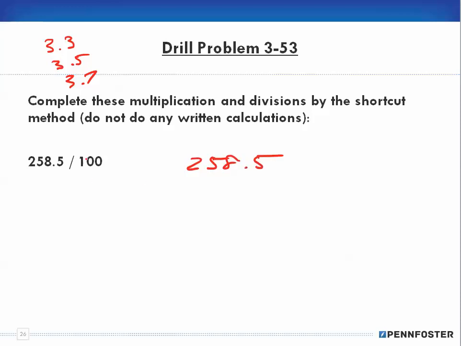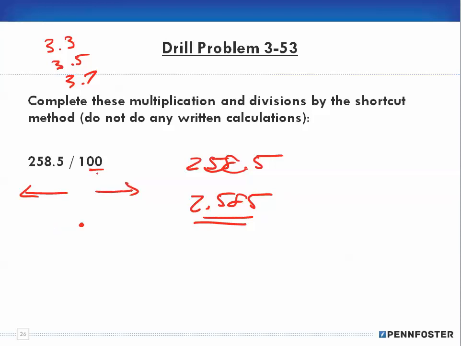258.5, and since I'm dividing by 100, that means I'm going to move the decimal place to the left 2 digits because I have 2 zeros here. So I'm going to move it 1, 2, and I end up with an answer of 2.585. That's my answer. Remember, going to the left of the decimal place is whole numbers, going to the right is fractions.